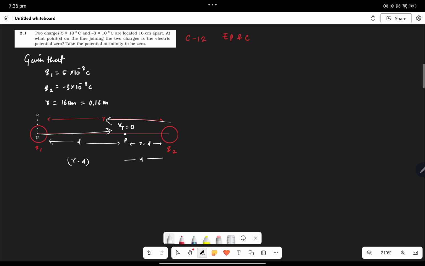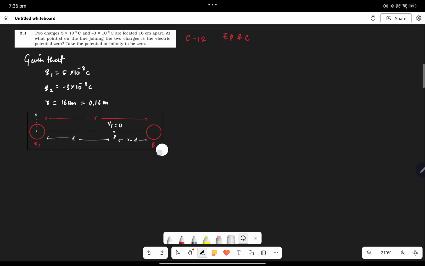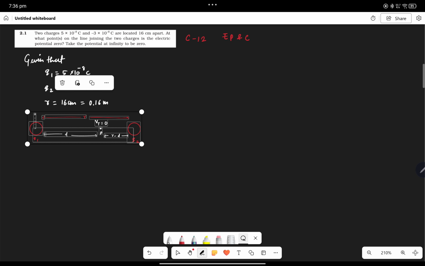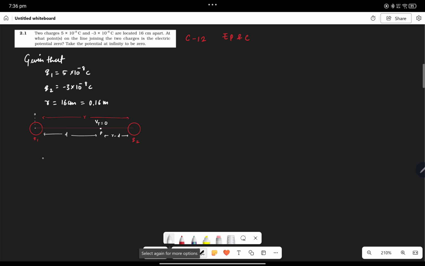So try to assume d from this 0 to point P, and you are going to get a good answer. Now, first of all, you have to align this diagram so that it is easy to understand. I have aligned it. Now let's solve this question.